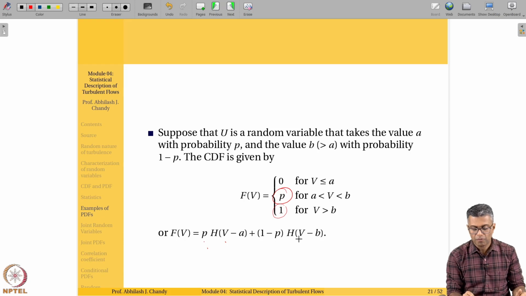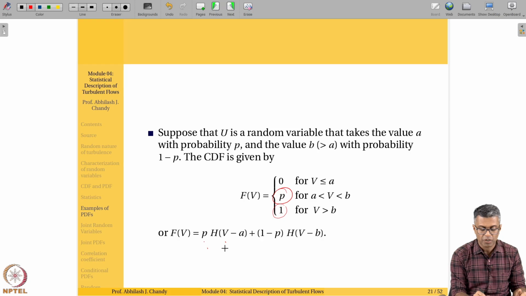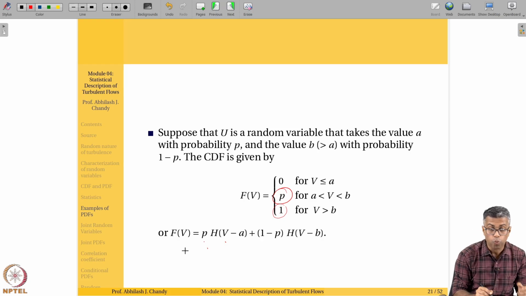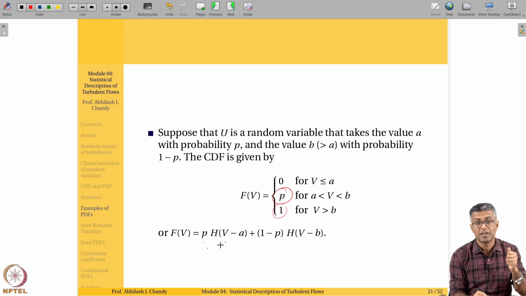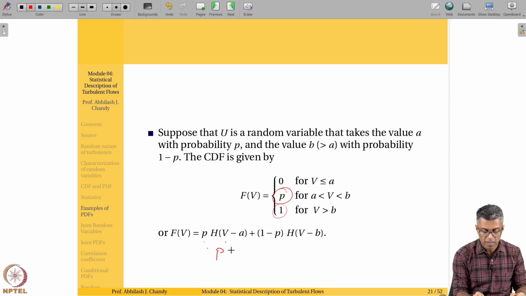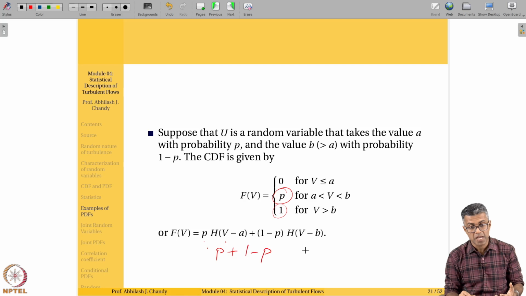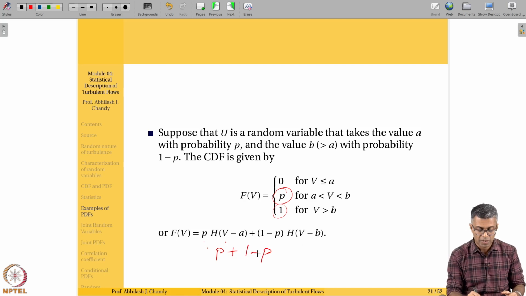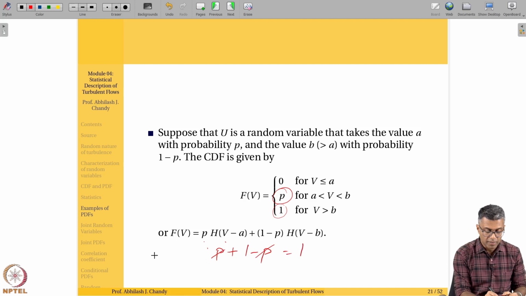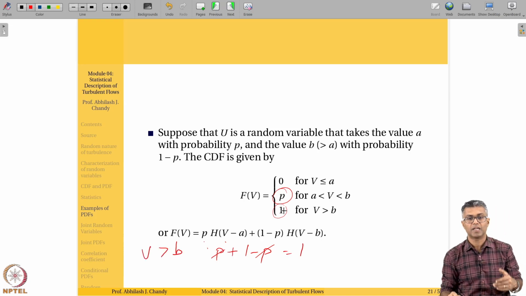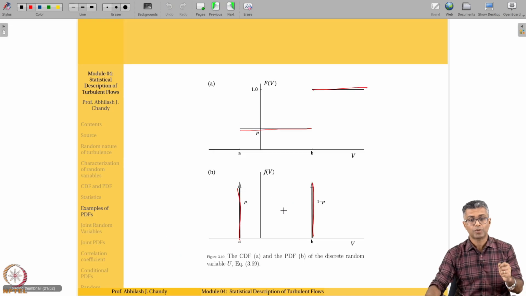And for the 1 minus p term, the Heaviside function H of v minus b becomes 1 when v is above b, and H of v minus a also becomes 1 when it is above b. So this becomes p plus 1 minus p, the p and the p cancel, and you get 1. This is when v is greater than b. And that's what you're getting: equal to 1. So that's what I'm trying to say.